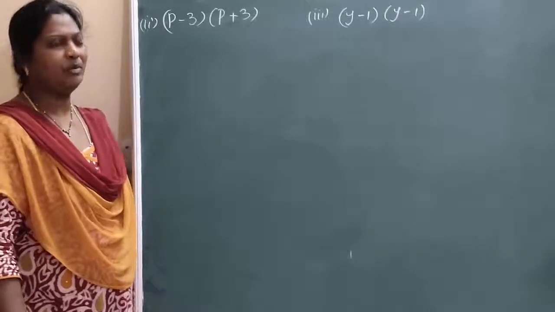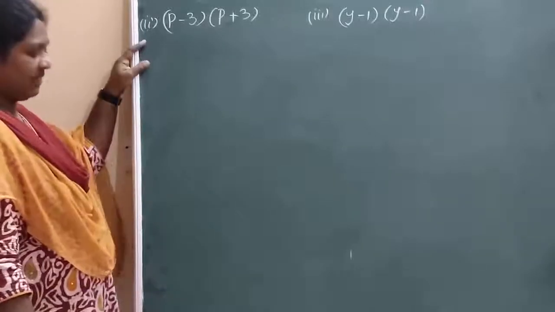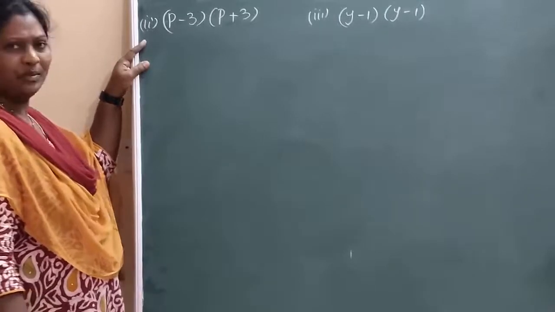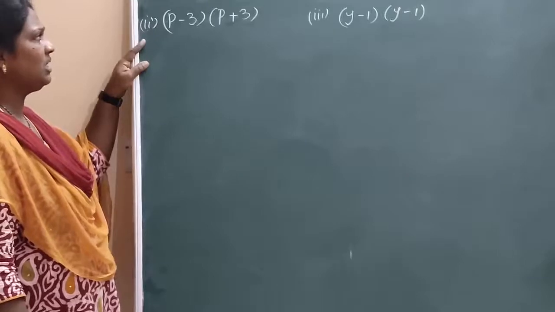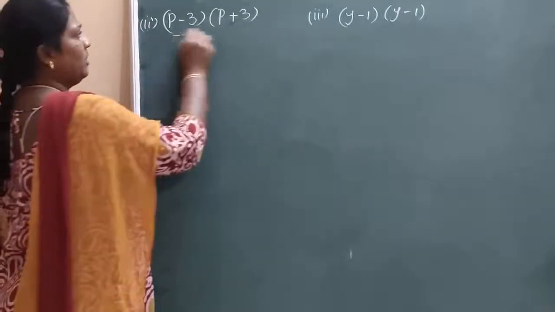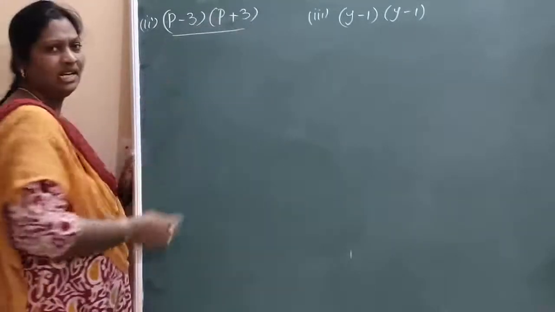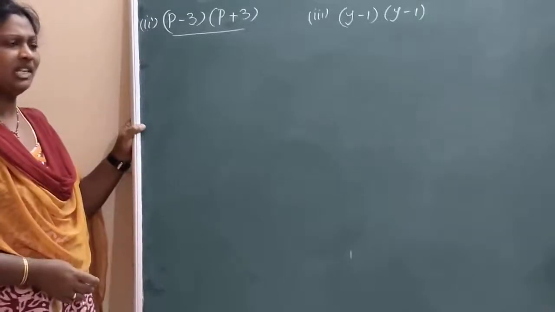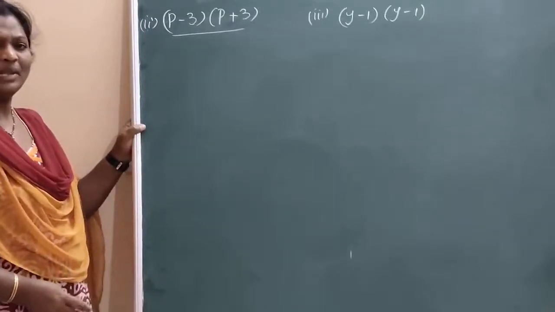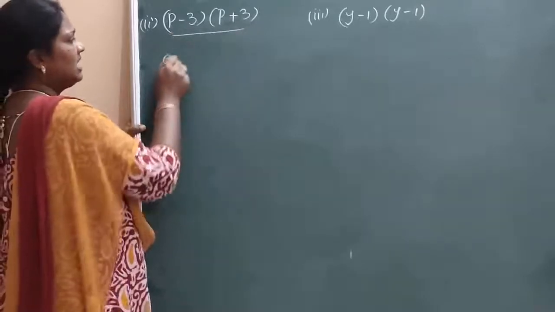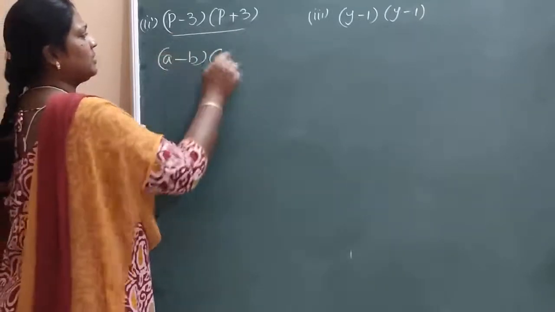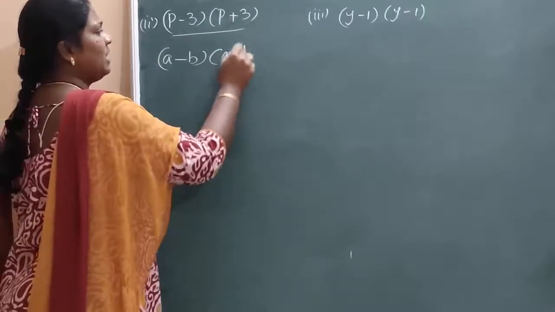Let's see one more problem, children. Find the product by using the suitable algebraic identity: P minus 3 into P plus 3. In this problem, we have to recollect the identity. What is that identity? We know that A plus B into A minus B, yes, this is in the form of A minus B into A plus B. What is A plus B into A minus B?